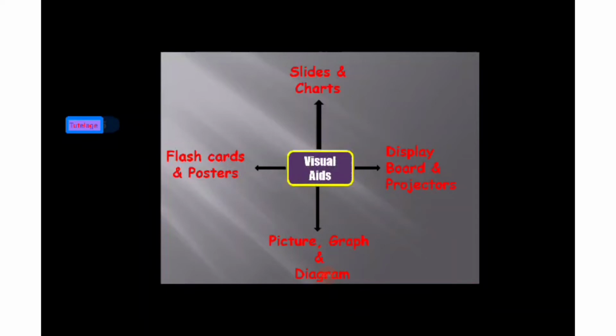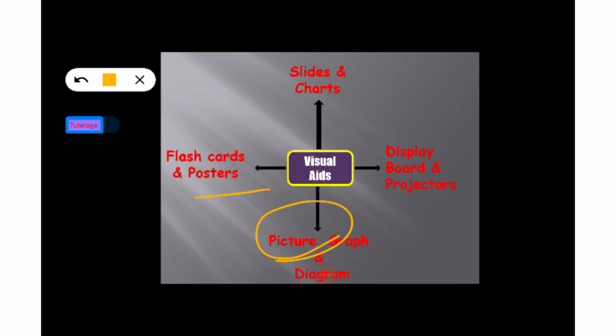Now going to another example of the visual aids, that is posters and pictures. Important instructions, important concepts, and important dates can be pasted on classroom walls in the form of posters or pictures. Students will see them daily, consciously or subconsciously, and their brain will be tuned to follow those instructions.